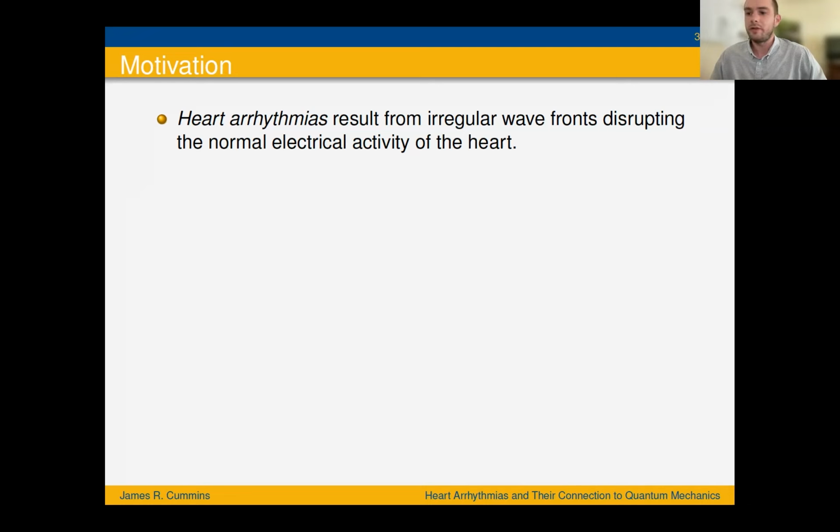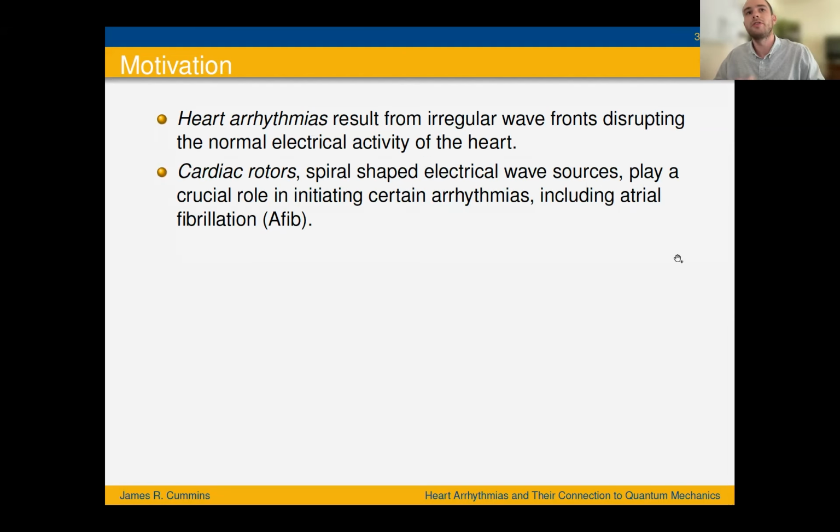And we see this irregular pattern form in the heart. A regular heartbeat would be like a radial wave that would circulate outwards. And in some arrhythmias, such as atrial fibrillation, the irregular wavefronts manifest themselves as spiral-shaped wavefronts. Cardiologists call them cardiac rotors.